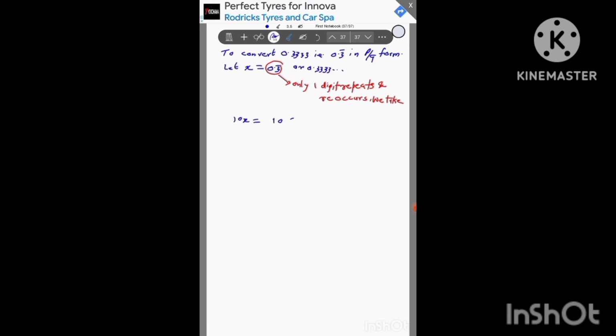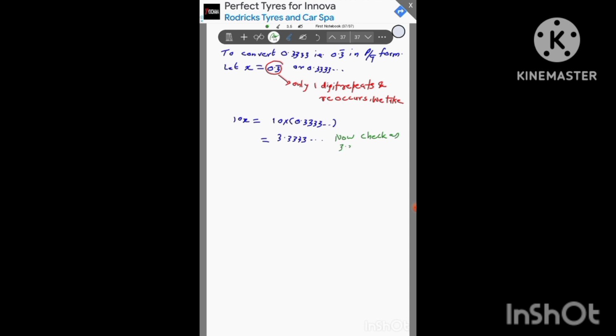So we take 10x equal to 10 into 0.3333, that is equal to 3.3333. Now how to write a split-up of this? Just try to understand this. It is very simple. From 3.3333 we subtract x.